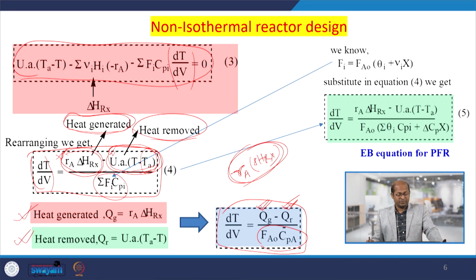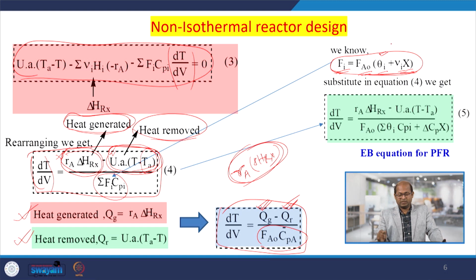Okay. So, here in the denominator, the term sigma F_i C_pi, here the molar flow rates we can write this way, as we discussed at the beginning. So, at the exit of the reactor, the molar flow rate of the ith component we can write as F_A0 (theta_i + nu_i X).